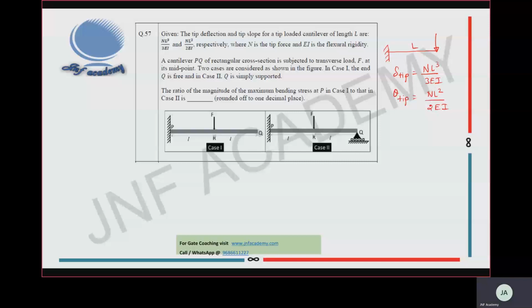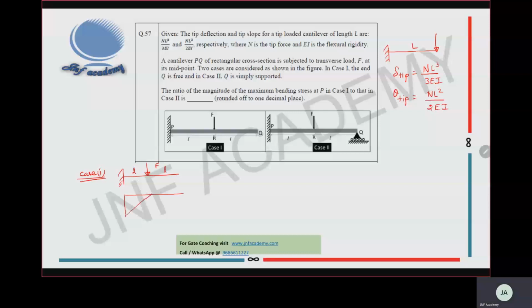First, we will find out the tip deflection due to midpoint load on the first case. Okay. This is the loading diagram. Okay, L in L. For this, I'm going to use the moment area method. That will be simple.